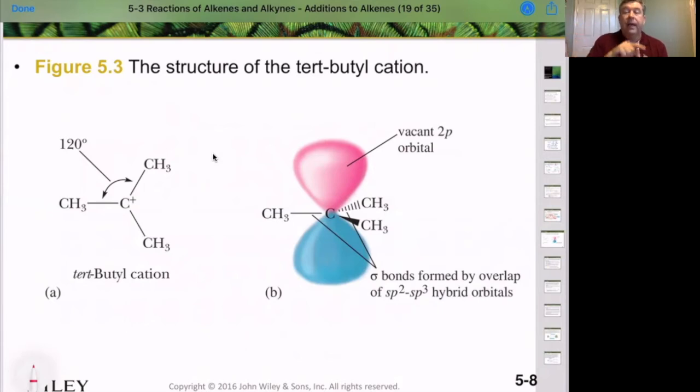So now we have a vacant p orbital and a positive charge, but we haven't changed the hybridization at that carbon. We still have 3 sp2 hybridized bonds and an empty p orbital that is now specifically reactive.